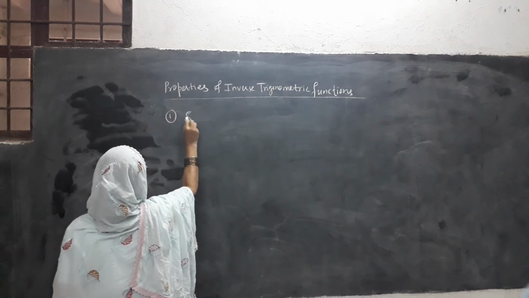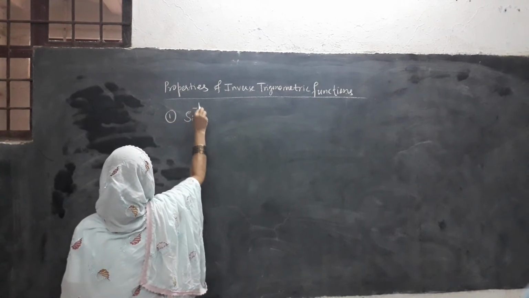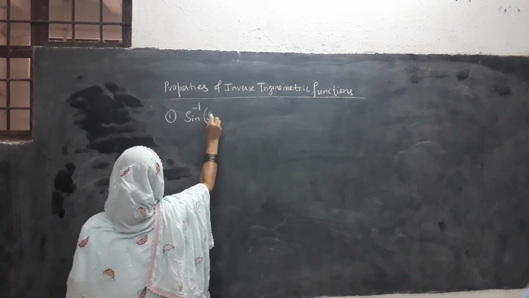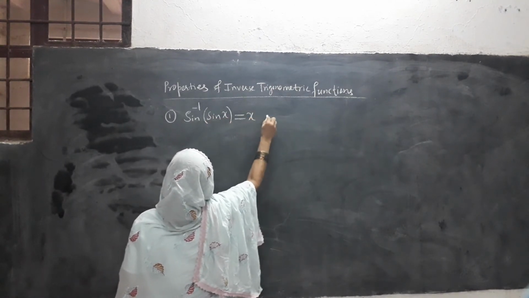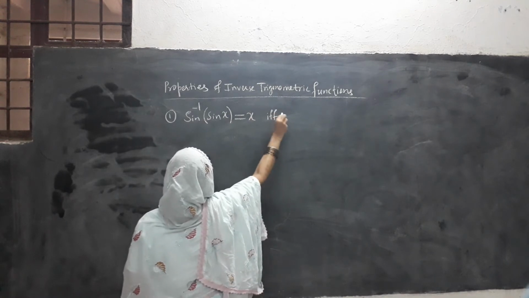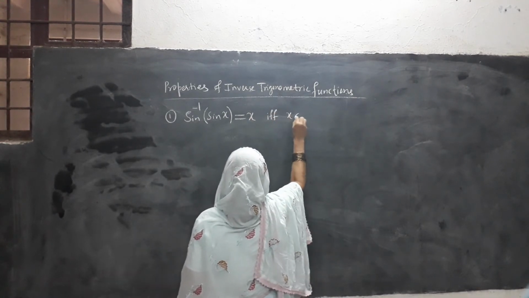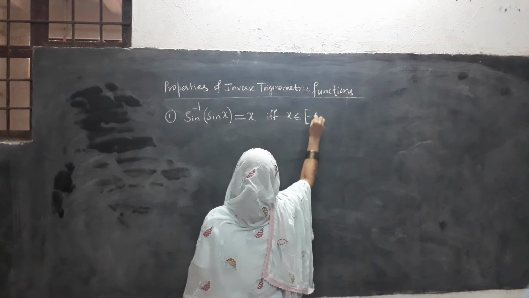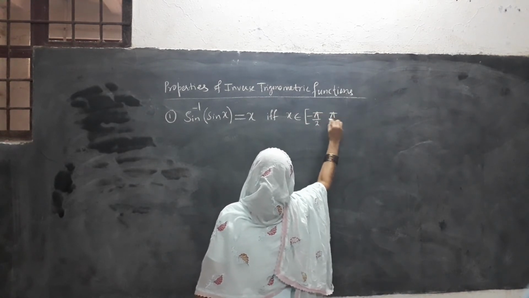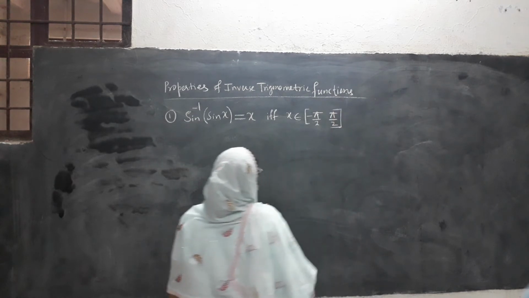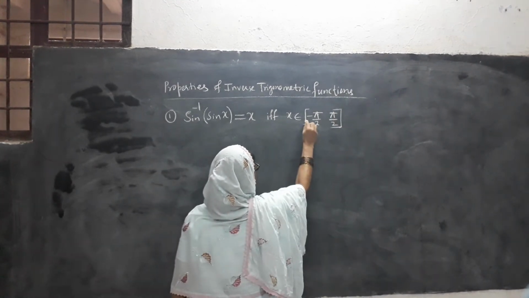That is sine inverse of sine x is directly x if and only if x belongs to the interval minus pi by 2 to plus pi by 2.